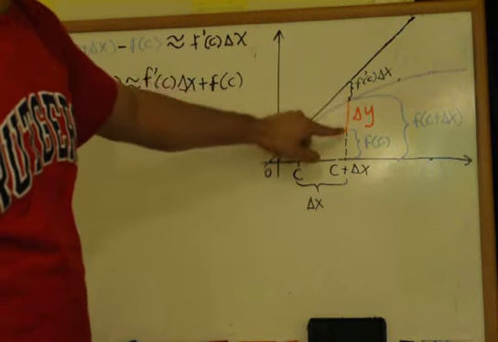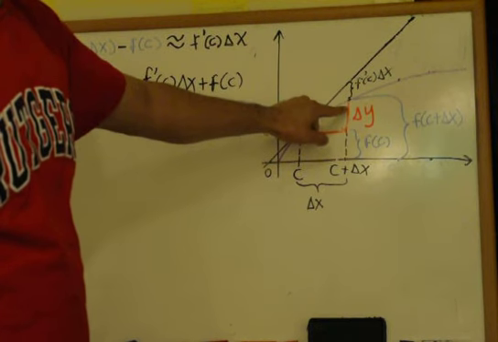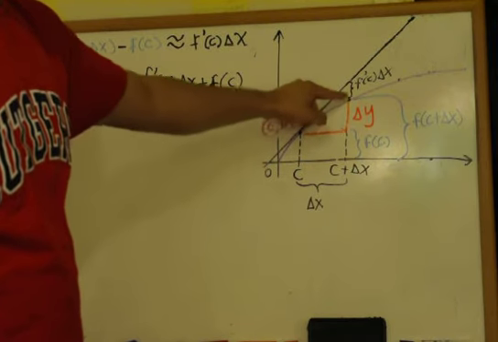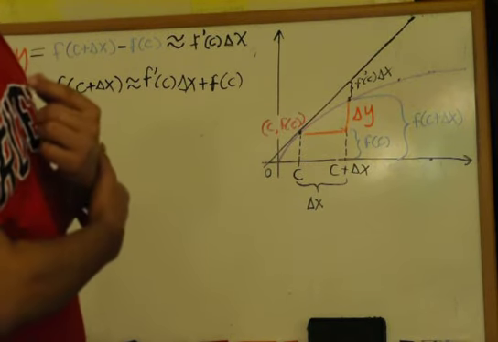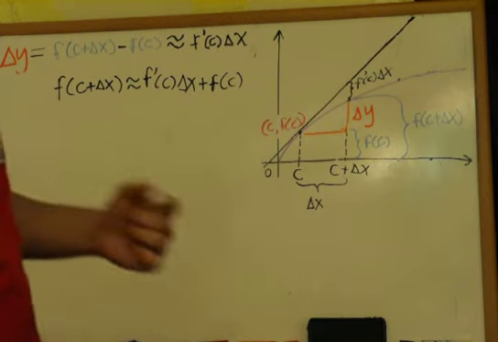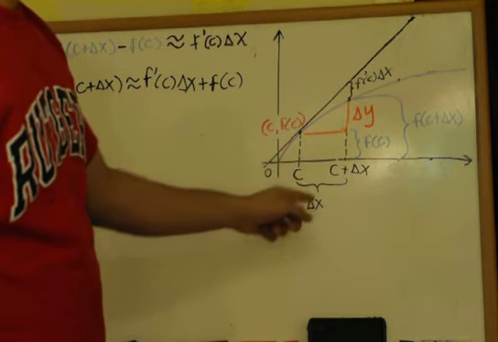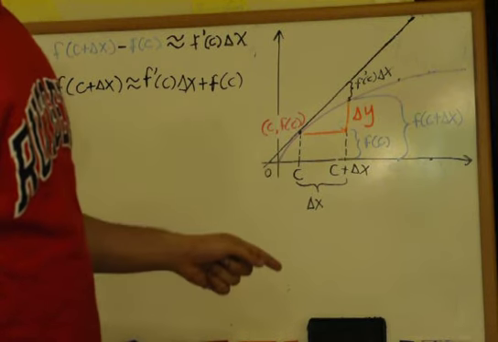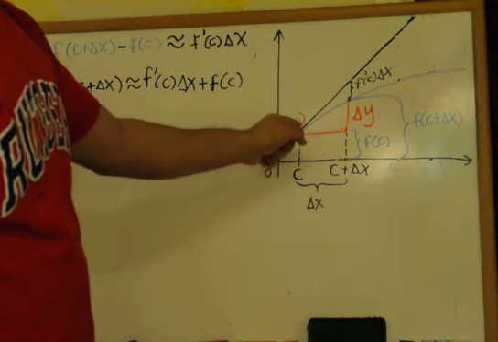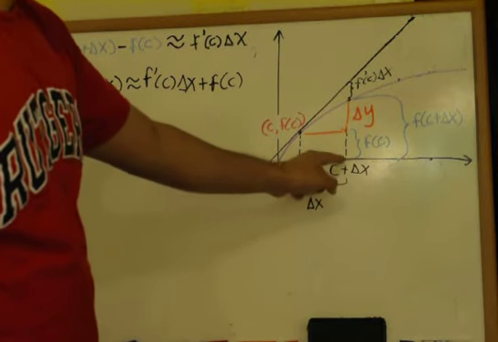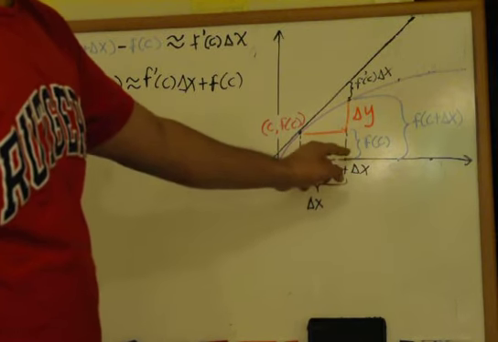As you can see, that difference is delta y, the actual change in the y, or the height of the function. So now we have c, we went out c units to the right, and so this point is c and f of c, and from c we went delta x units out more.